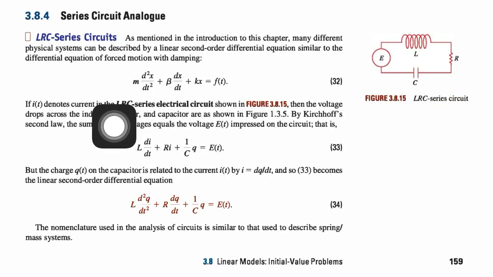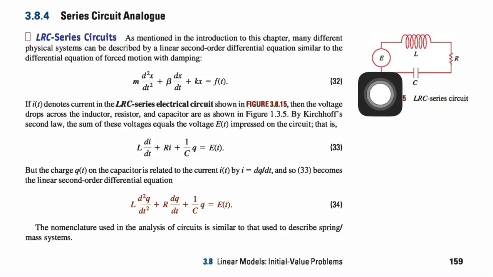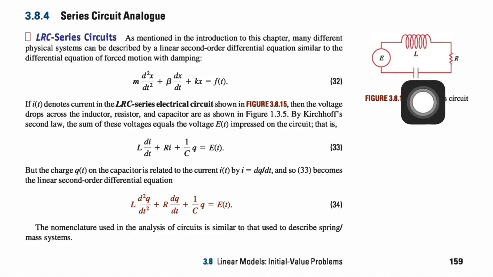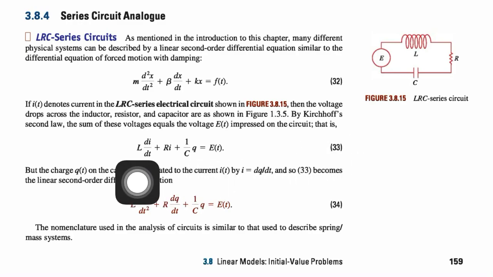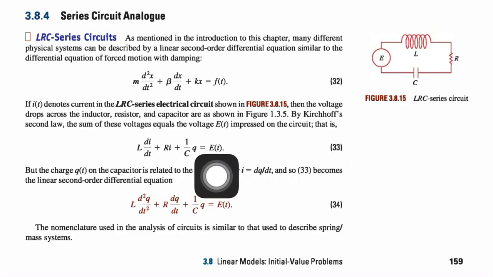If i of t denotes the current in this system, then the voltage drops across the inductor, resistor and capacitor are as shown in the figure. By Kirchhoff's law, the sum of the voltages equals the impressed voltage, that is L di over dt plus Ri plus q over C, which equals E of t.